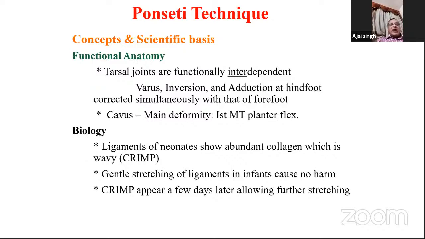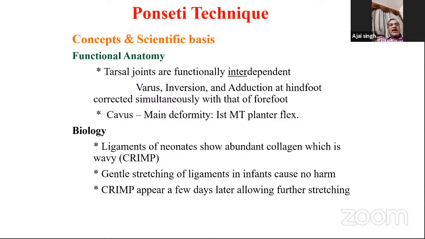As far as the biology of the tissues is concerned, we have the crimps in the ligaments of the neonates, and these are very helpful in the gentle stretching and the healing of the ligaments without any scarring.